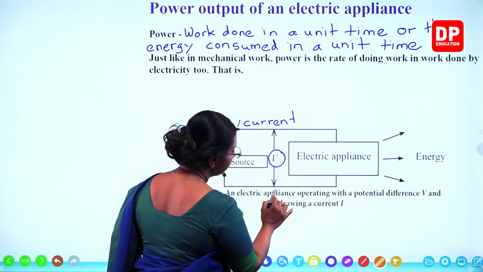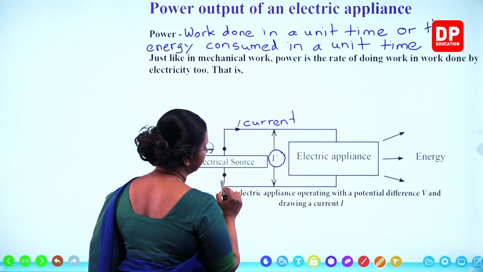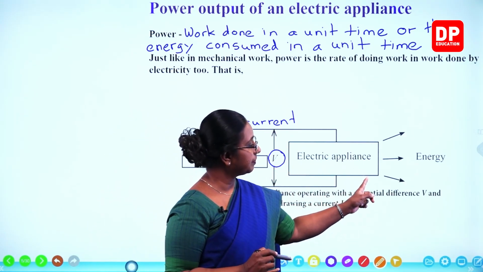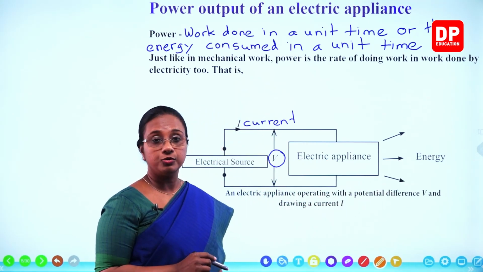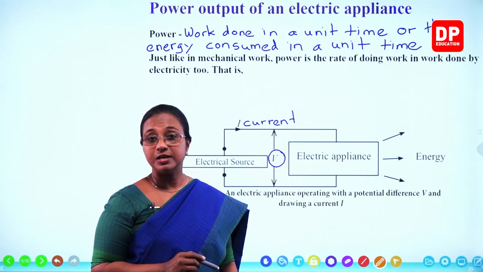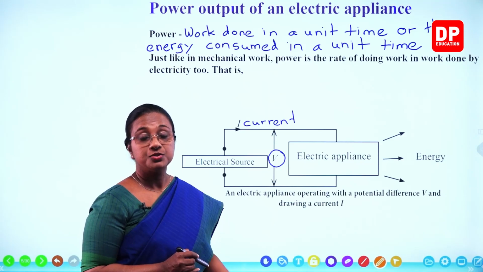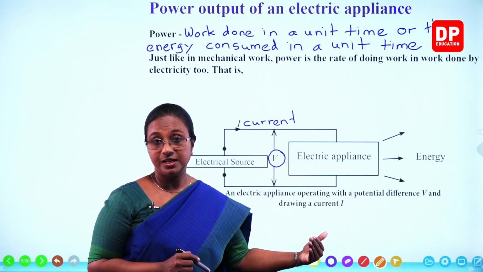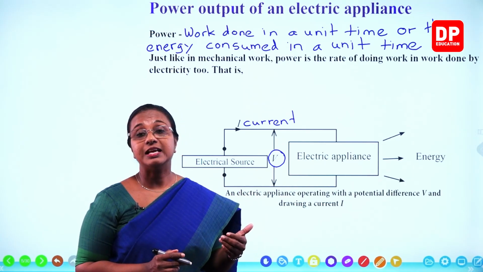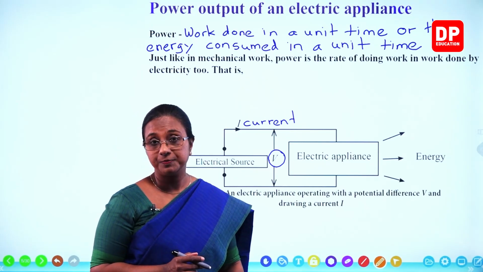When a potential difference is applied across the electric appliance and a current flows, there is an energy output and an energy conversion taking place. The amount of electrical energy consumed in a unit time is known as power.